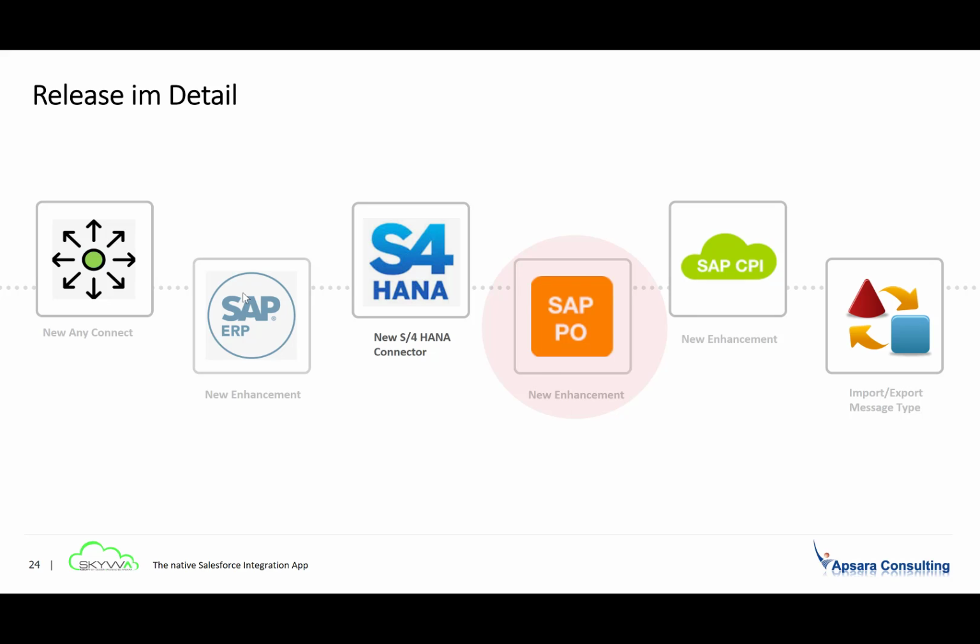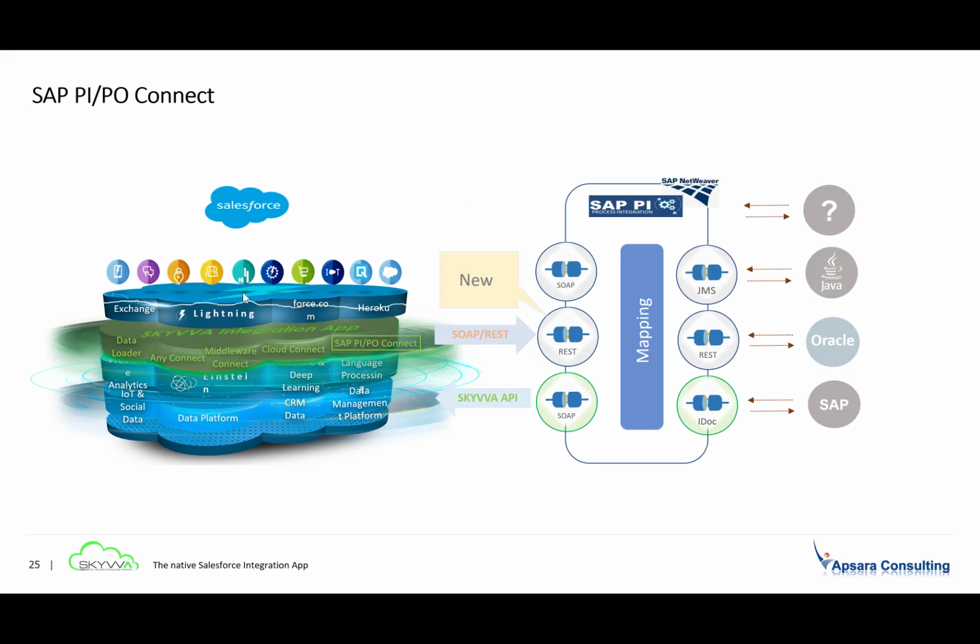Let's come to the SAP PO. Here we have enhanced to be able to support the REST adapter in SAP PO. We have not done this before, because SAP PO in the lower versions like 7.1 and 7.30 doesn't have the REST adapter.